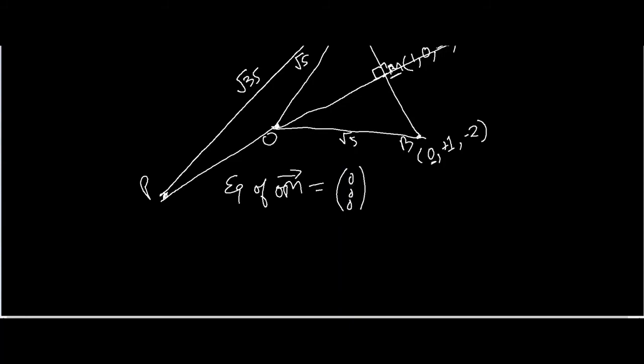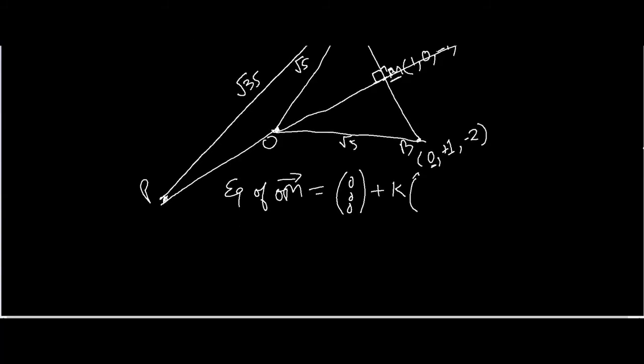I'll take this, the easiest one, and then let K be some parameter, and the direction vector is OM, which is 1, 0, minus 1. Let's convert it to parametric form also. That will make it easy. X will be K, Y will be 0, and Z will be minus K.